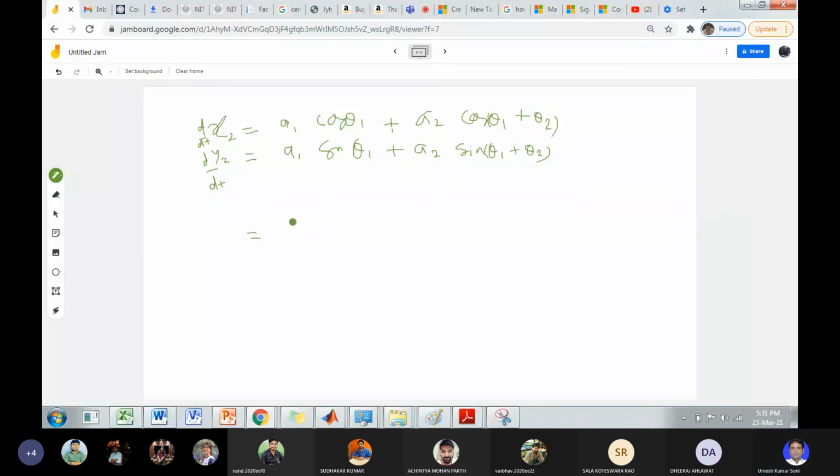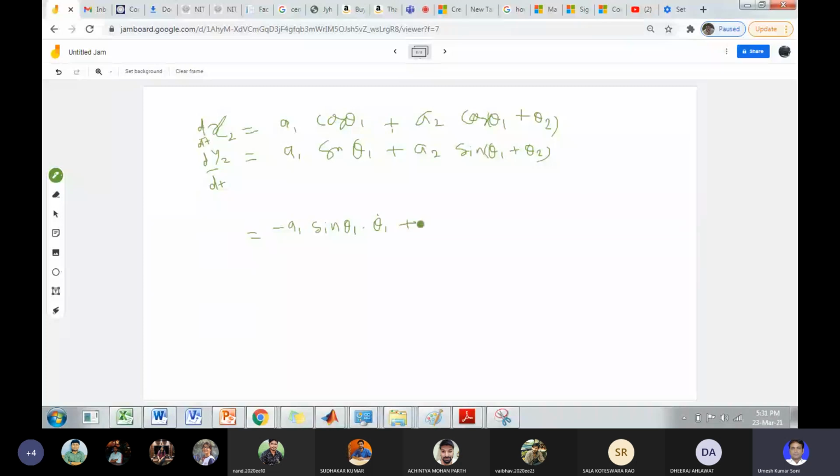So a1 times the derivative of cos theta 1, which is minus sin theta 1 into the theta 1 derivative. The derivative of this term with theta 1, and then the derivative of theta 1 with respect to time.